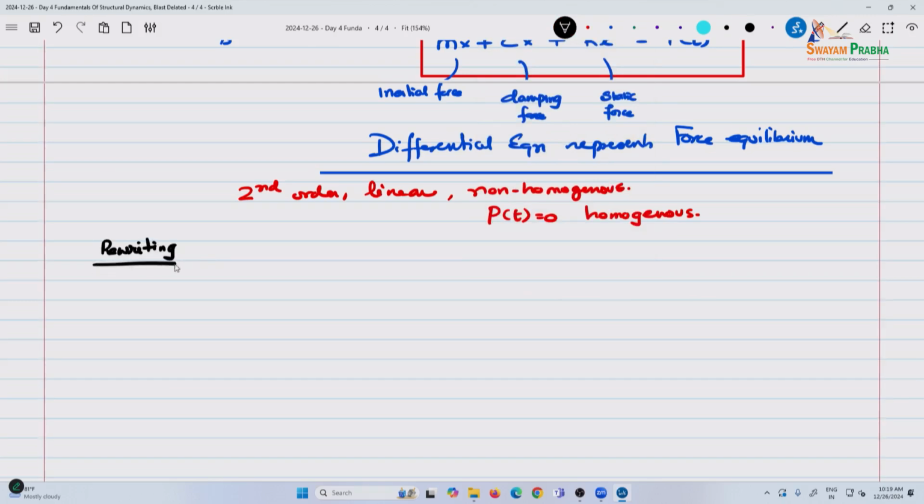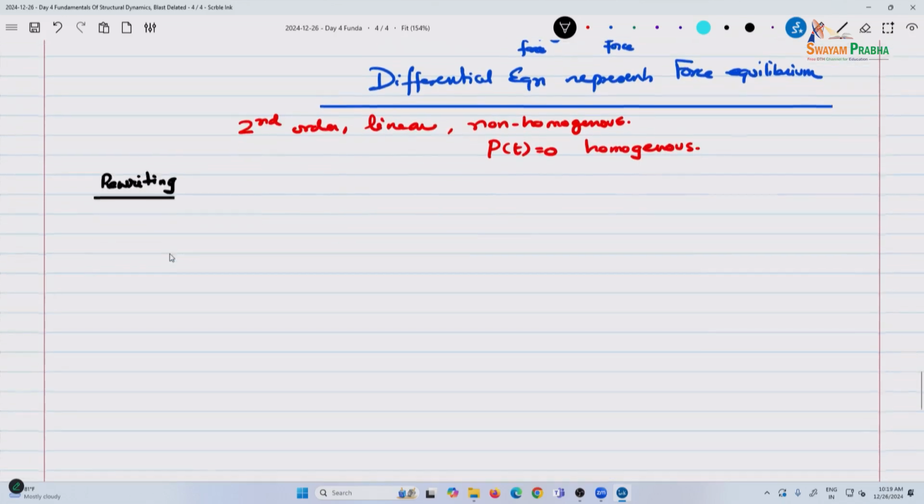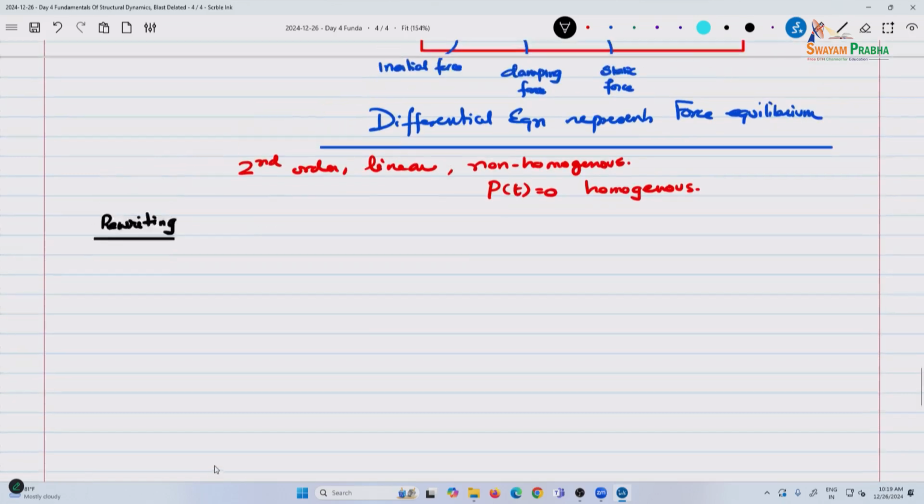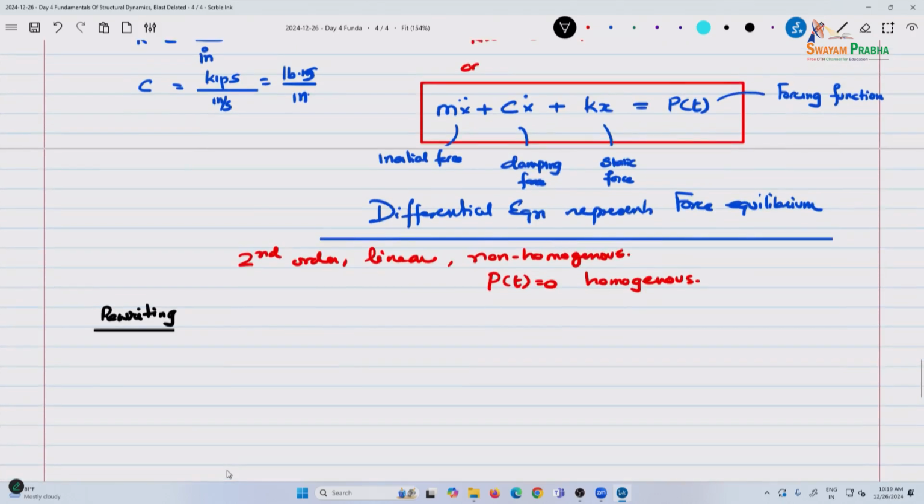That's why I was asking you how much background or how long you have had. So I can take m out, let me keep that equation up here. If I take m out, I get x double dot plus c by m x dot plus k by m x equal to p of t.